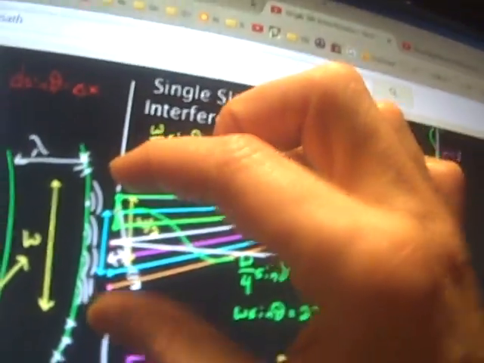So this width has to be bigger than a wavelength of the color light he's using. And as the angle increases, well, anyway, he's not doing intensity with this math, so there's no point. Okay, we might just finish the video.